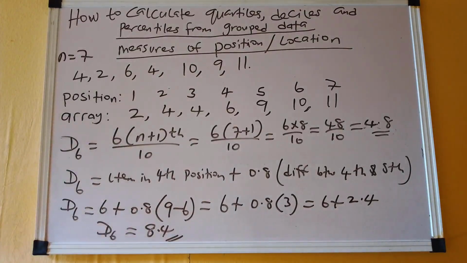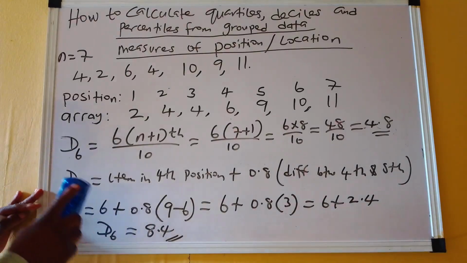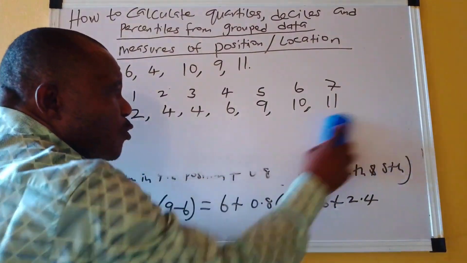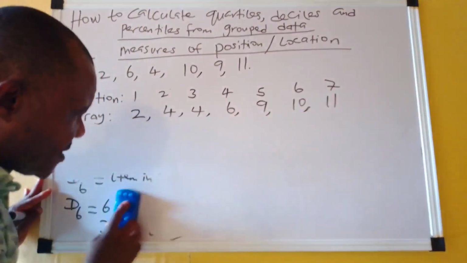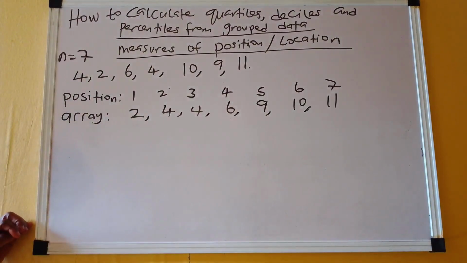You can go on and on to calculate whichever one you want to calculate. Now I also want to tell us that apart from having the interquartile range and the semi-interquartile range, we can also have the interdecile range, between two deciles. For instance, I can say I want to calculate the interdecile range between the 6th decile and the 3rd decile.